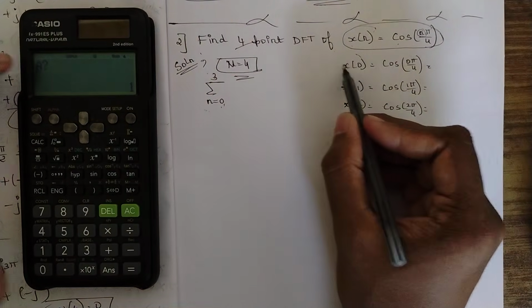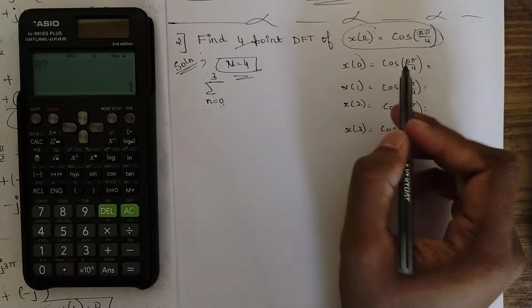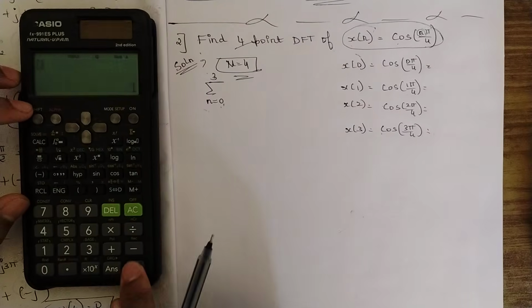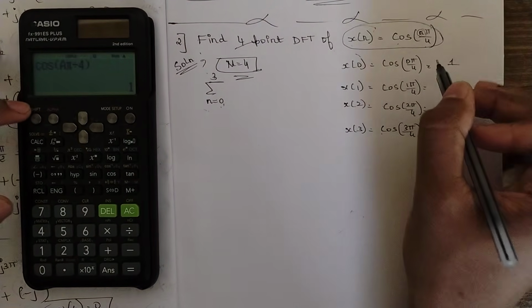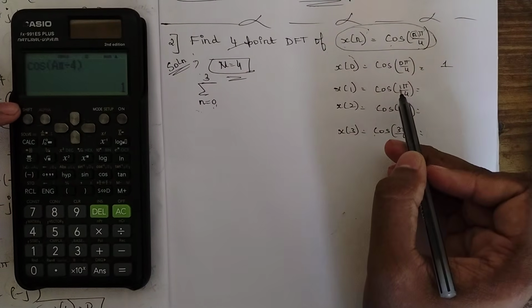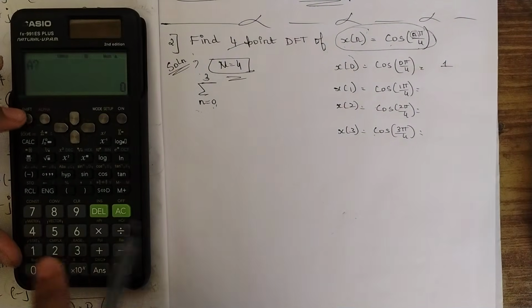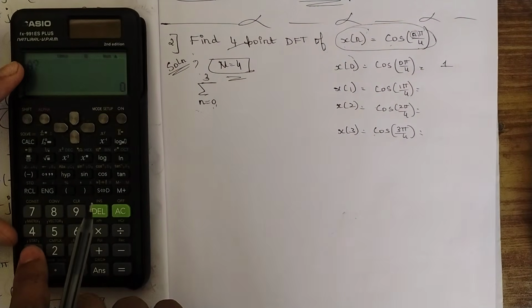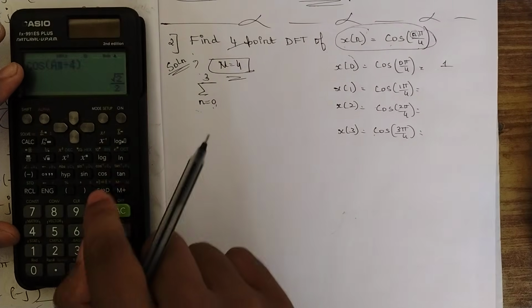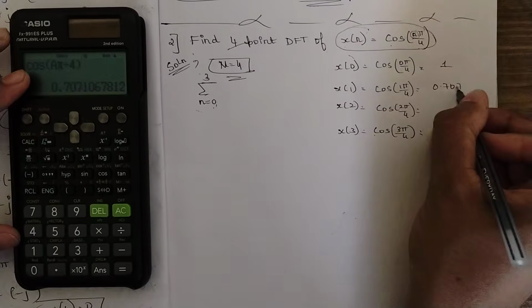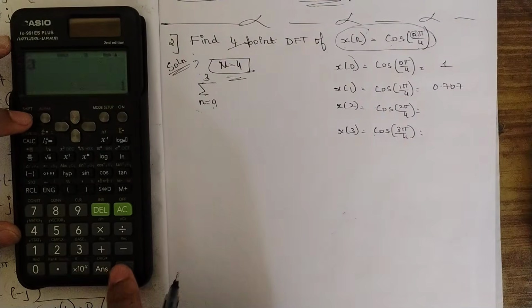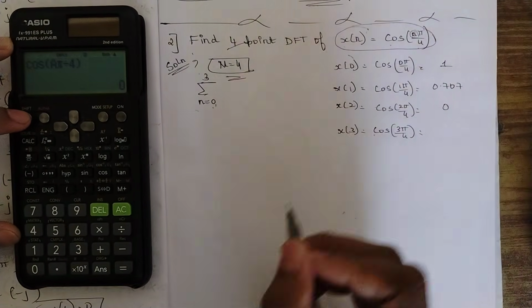First is for n is equal to 0. So the first value of a is 0, and the answer we got is 1. So the first answer is 1. The next value of n is 1. Press equal, it asks the value of a, press 1. Root 2 by 2, that is 0.707. The next value is 2, it is 0.